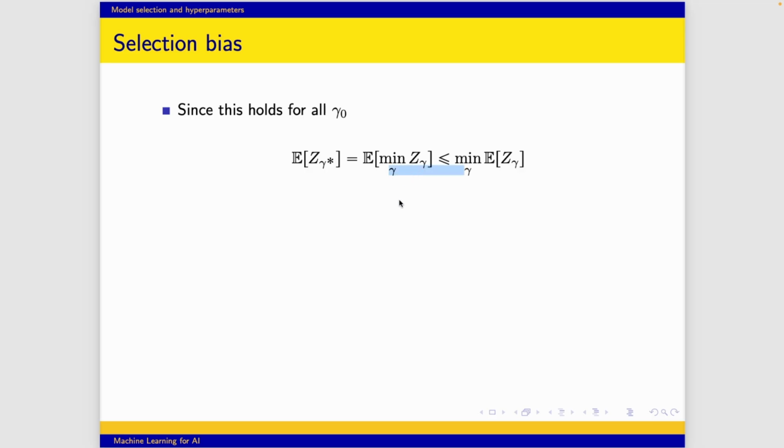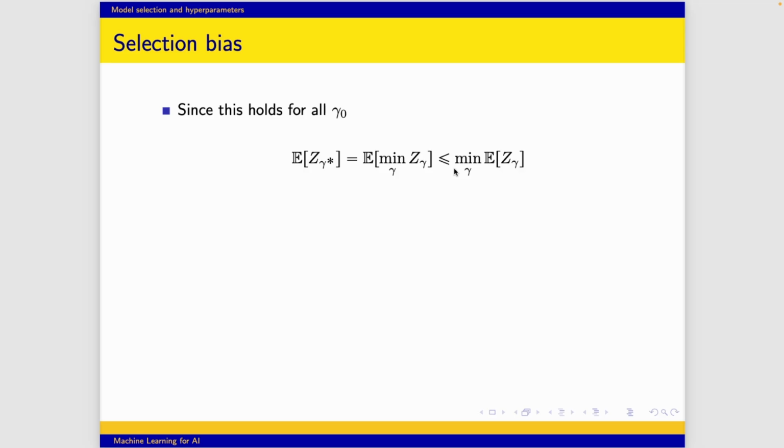This inequality is telling us that this gamma that we choose, according to this minimum, is not going to be the same gamma that we would get if we minimized the expected values, which is a more realistic reflection of the risk across gamma, and therefore would give us a more robust value of gamma than this would. And this is systematically biased below this value. It's systematically less than this value. Typically, this will be a strict inequality.